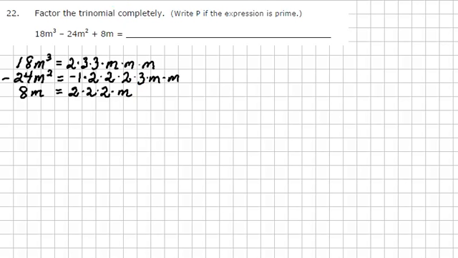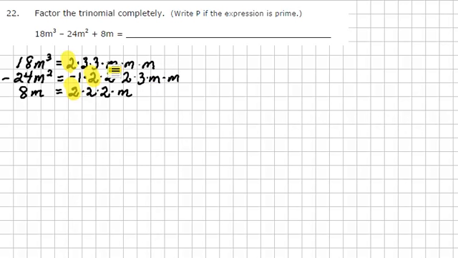So what we do next is we identify the greatest common factor. So we look for factors that each of the terms have in common. Each of the terms has a factor of 2. Now the second two terms have another factor of 2, but the first one doesn't. And so 2 is the largest factor that we have for the coefficients.